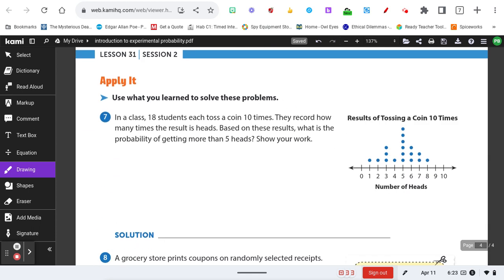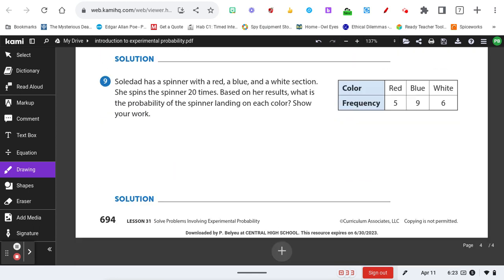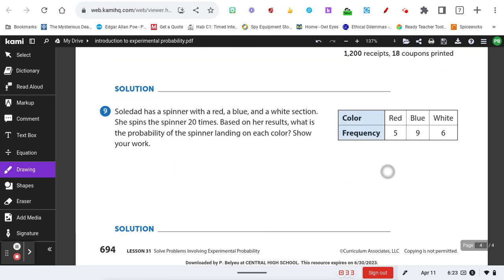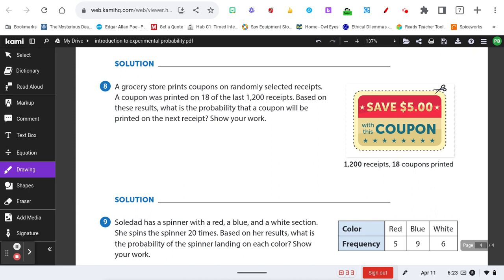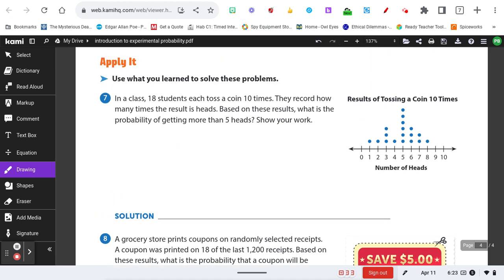All right, let's take a look at page 694, guys. We're going to start off with a dot plot. I'm going to count the trials already. It says in a class, 18 students each toss a coin 10 times.